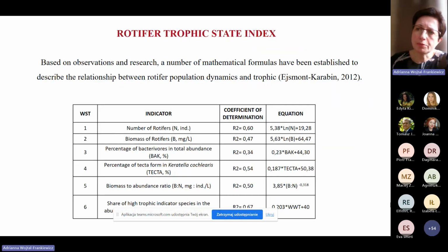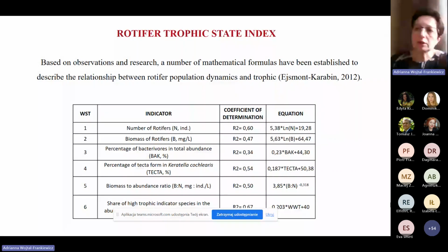On the basis of observation and research, a series of mathematical equations have been developed to describe the relationship between rotifer population dynamics and ecosystem trophy. All regression equations were converted into formulas which enable calculating the trophic state index from the parameters characterizing rotifer communities.